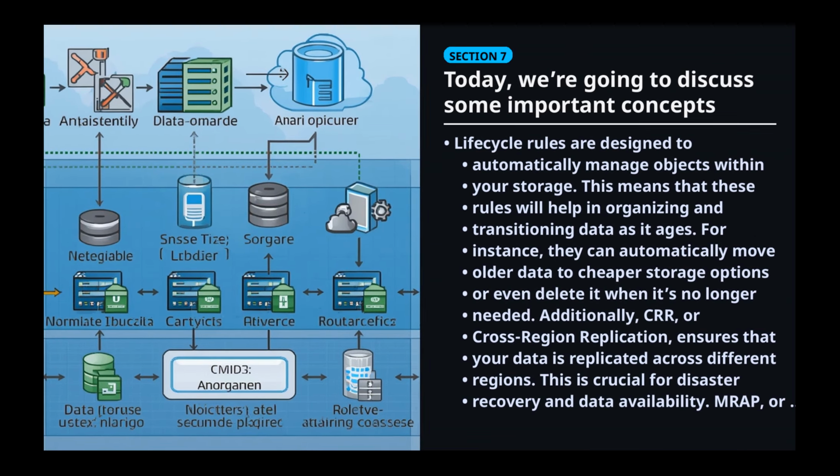This is important for compliance and disaster recovery, as it protects your data from regional failures. Lastly, MRAP, or Multi-Region Access Points, allows for low-latency access to your data globally, making it easier for users around the world to access your information quickly.